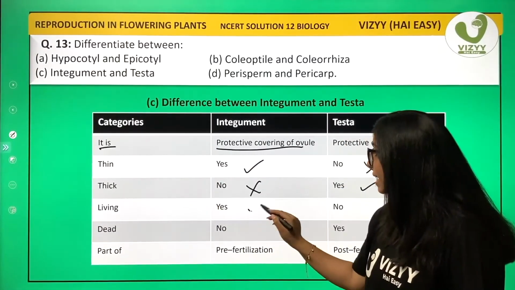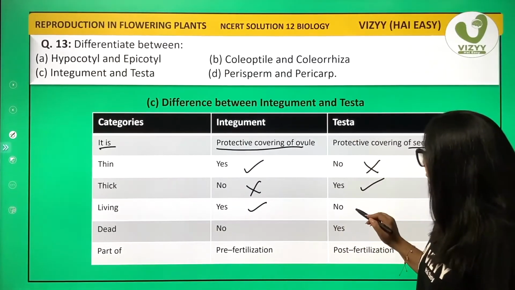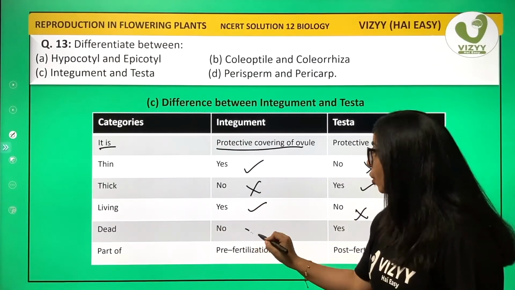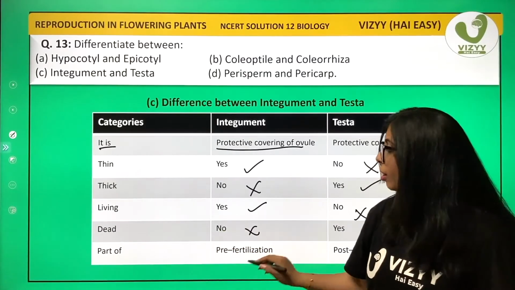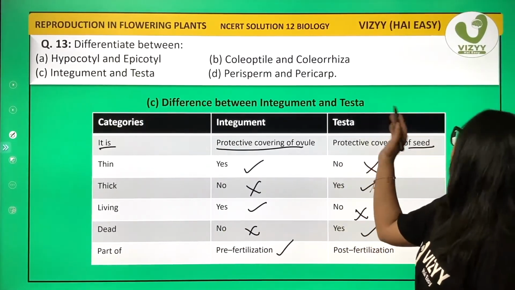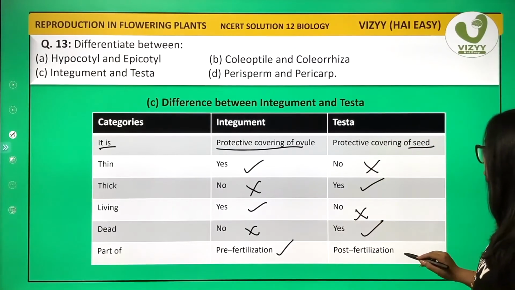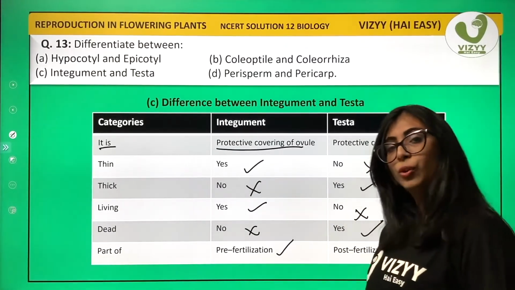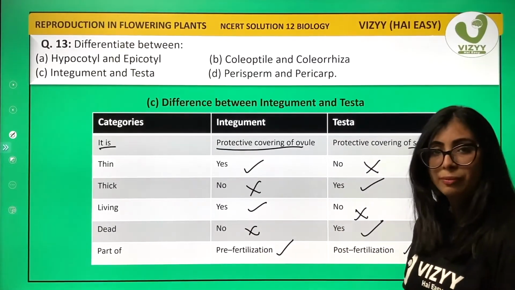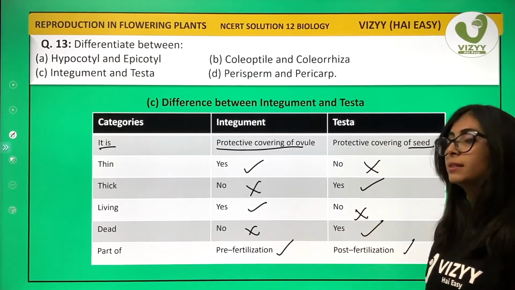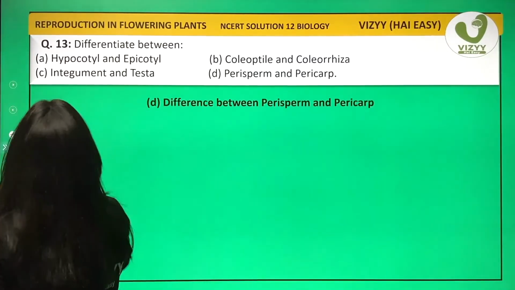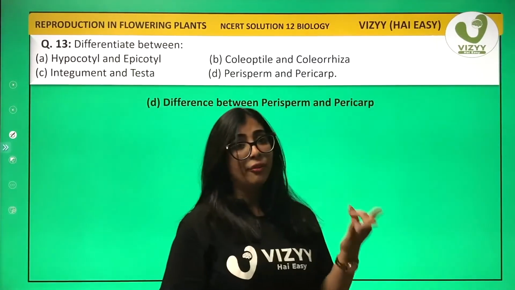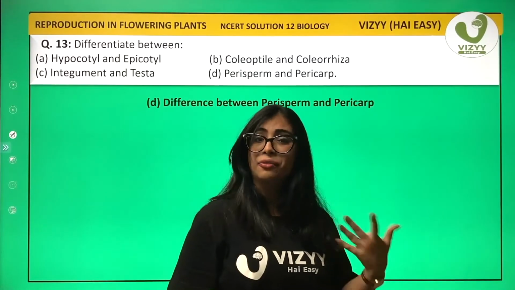Living: integument yes, testa no. Dead: integument no, testa yes. Part of pre-fertilization versus part of post-fertilization. Okay students? This is very easy to remember, and if you write it like this, it is better. We are done with 3 differences. See how easy and fast it was?